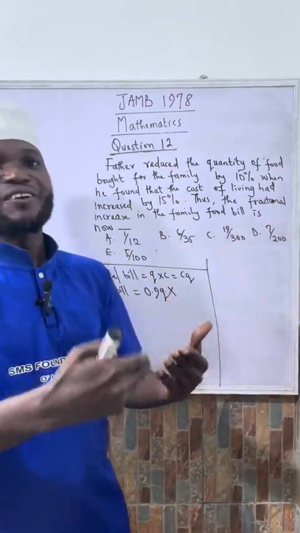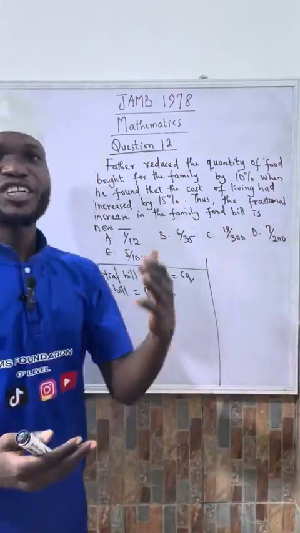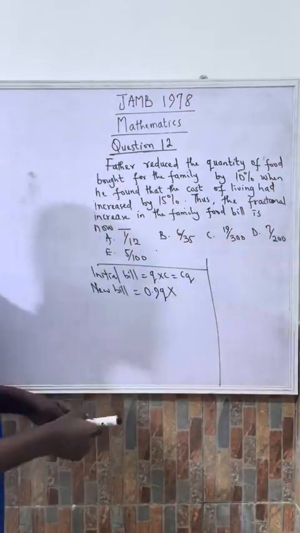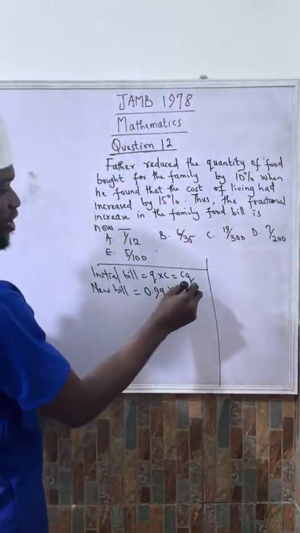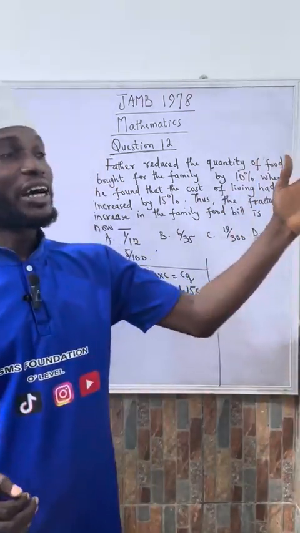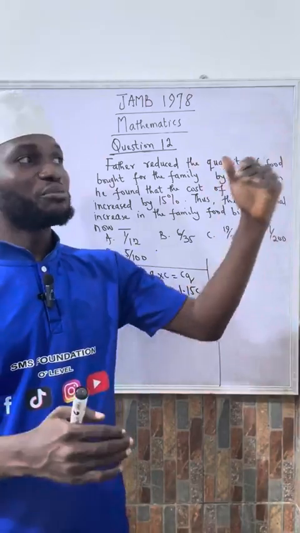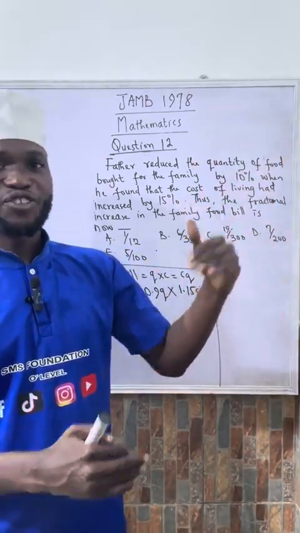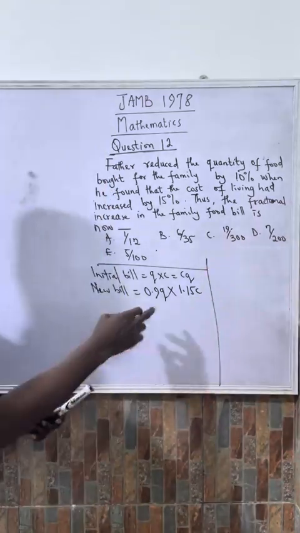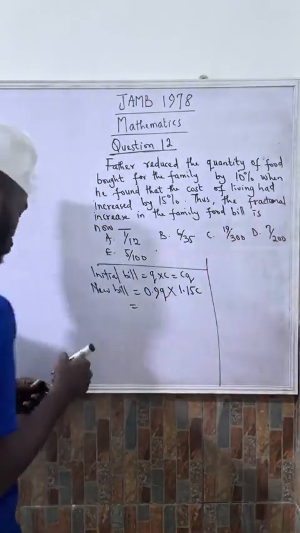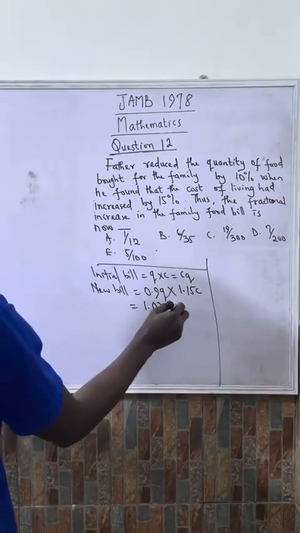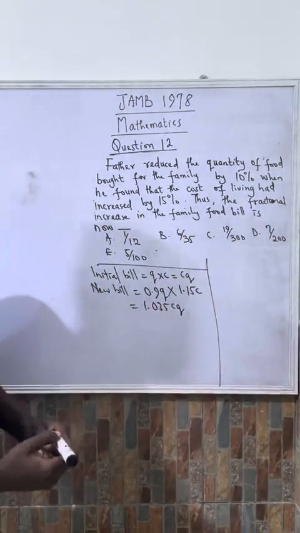So that's 115%, and 115% is the same as 1.15C, because 115% means 115 over 100, which means 1.15. So multiply these two together, you are going to have 1.035 CQ. That is what this will give you.